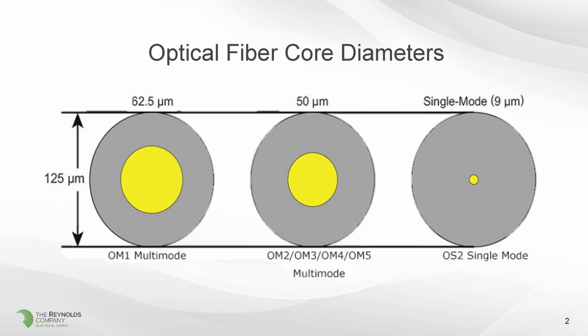And then to the far right, we have the single mode fiber, which, you notice, the diameter is 9 microns. One thing consistent among all of this is that the diameter of the cladding, the outside, is always going to be 125 microns. Well, why is this significant? Well, this also has to do with the transmitters that are going to be utilized for this.